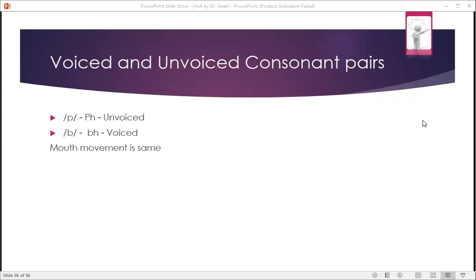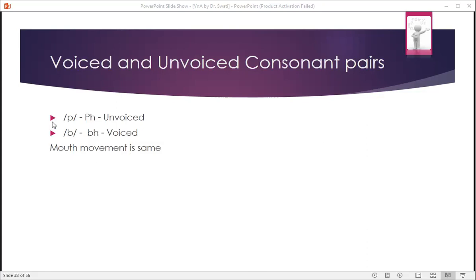So now we are going to talk about the voiced and unvoiced consonant pairs. Now what does it mean? It means that when we listen to the sound of these symbols, the mouth movement is the same, but the pronunciation is sometimes unvoiced, where it is not coming from your vocal cord or voice box, and in the other symbol it will come from your vocal cord.